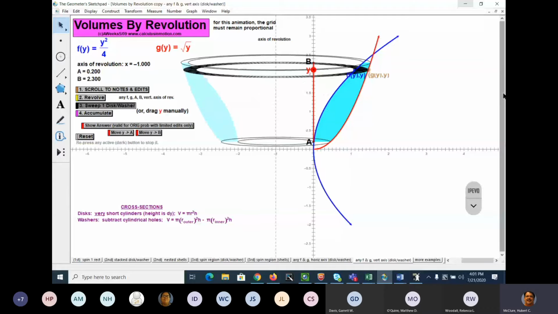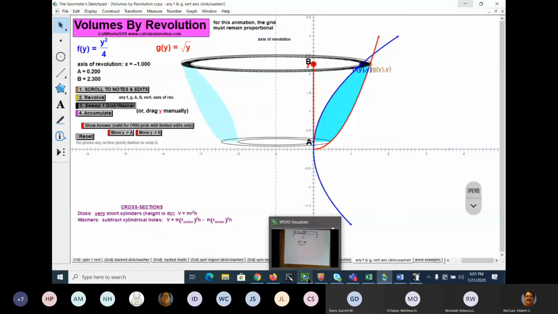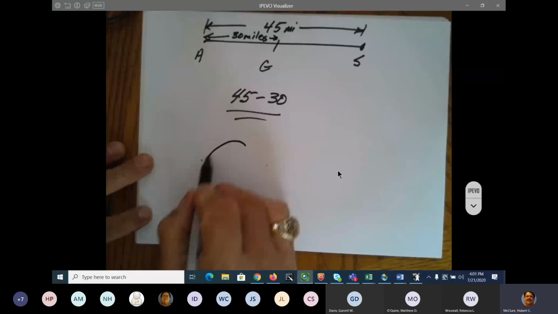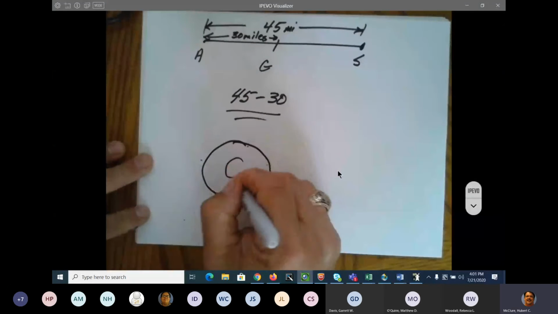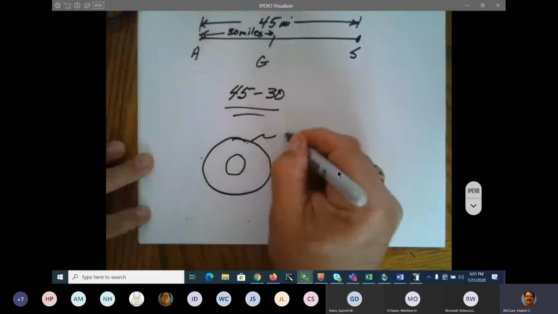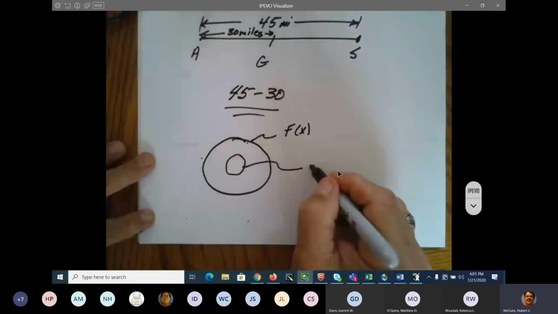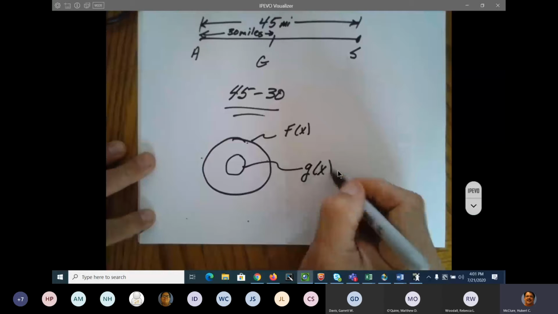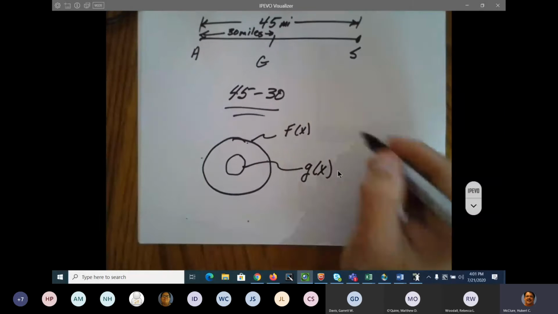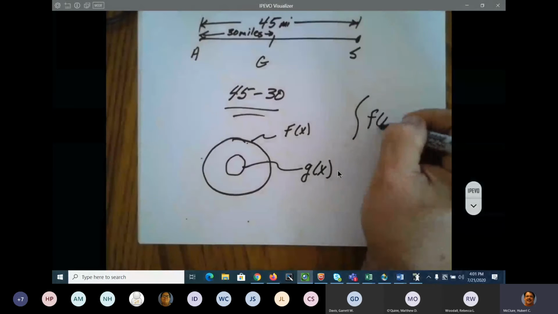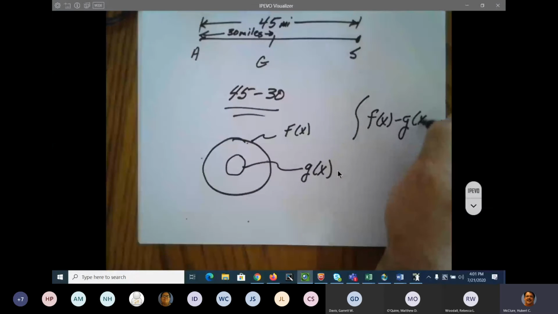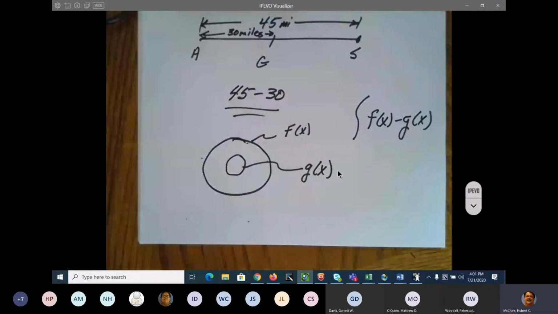So basically, when you're talking about a washer, the outside of the washer is going to be made up of f of x, and the inside is going to be made up of g of x. So that's where you get the f of x minus g of x in the washer formula.